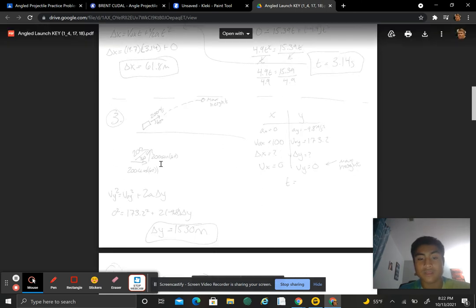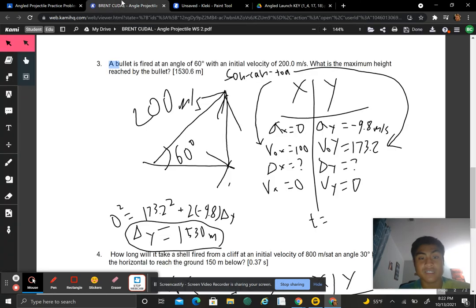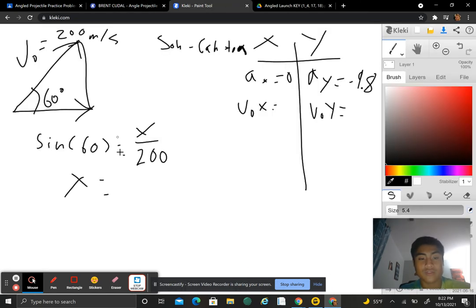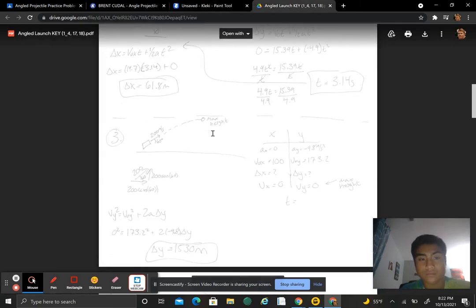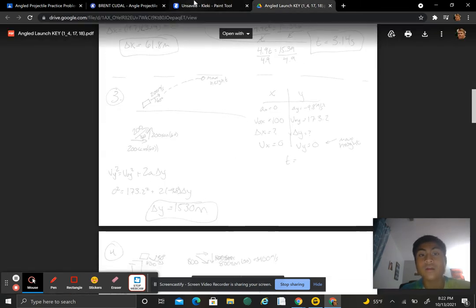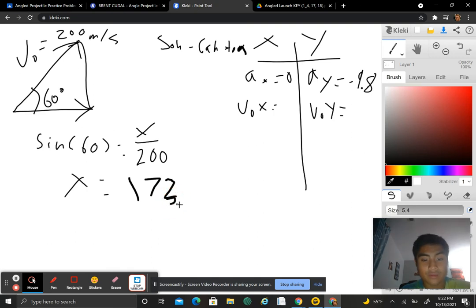As you can see, 200 sine of 60, since you're multiplying by 200 on both sides. So yes, 173.2 should be what x is, which is your initial velocity for y.